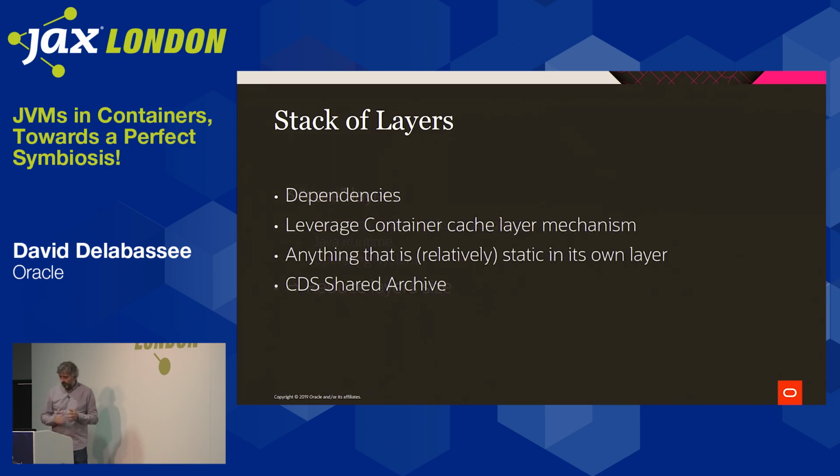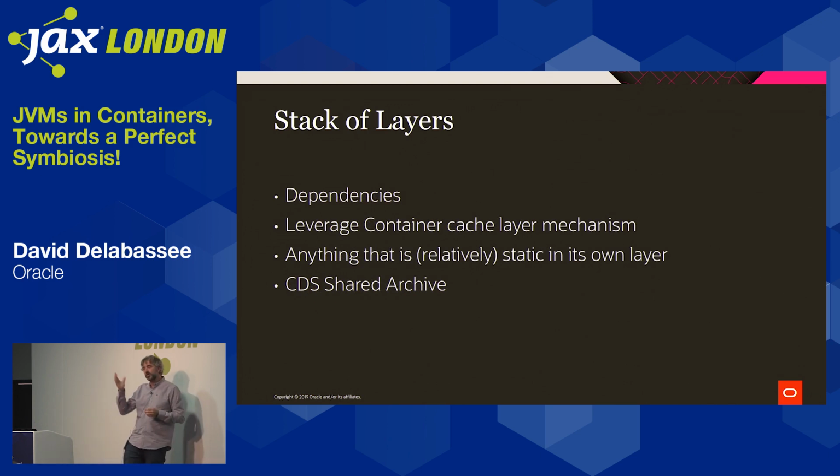That's one way of reducing the startup time and also improving the density of our containers. We want to reduce those layers' size as much as we can. So if we go top to bottom, at the Java application layer, from a JVM standpoint, there's not much that we can do. We can give you some advice, like, for example, watch out about the dependencies that you are using, watch out about the transitive dependencies, make sure that you don't have any dependency in your application that is not needed.